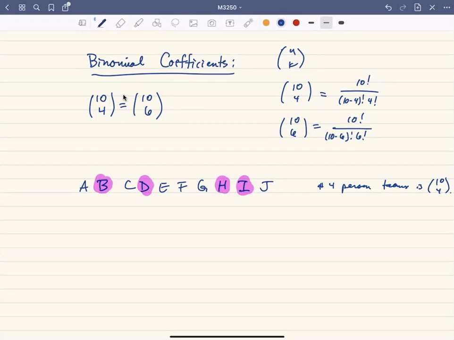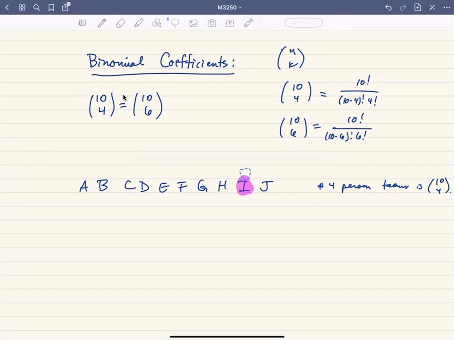Now, I could think about the dual problem. Instead of thinking about who goes to give the talk to the client, what I could think about is who's not going to go, who's going to stay back. How many ways are there to do that? Let's get rid of the highlights here.